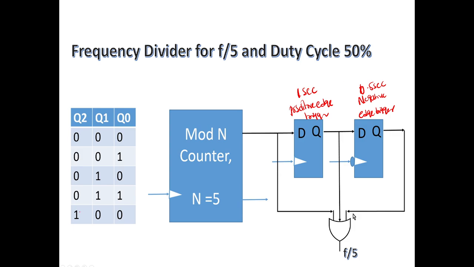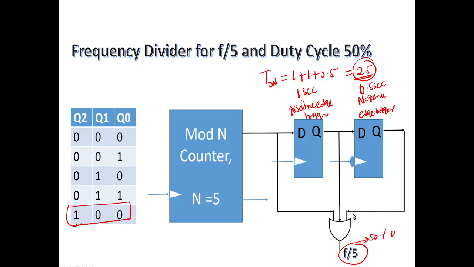This frequency is 1 for T on, so T on will be altered by 1 plus 1 plus 0.5, which is 2.5. This is given to an OR gate, and you get a frequency divided by 5 circuit with 50% duty cycle.